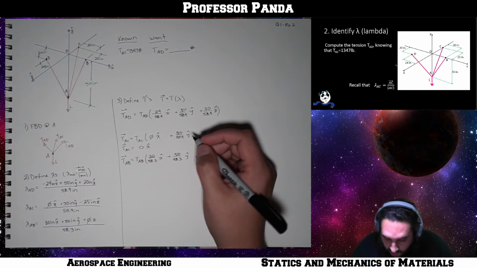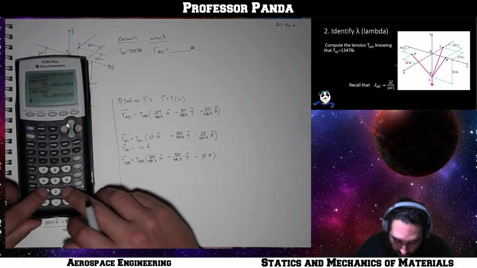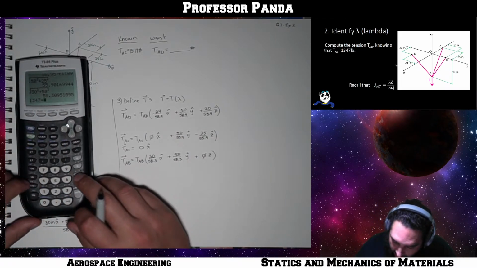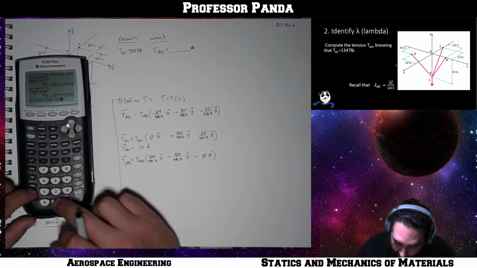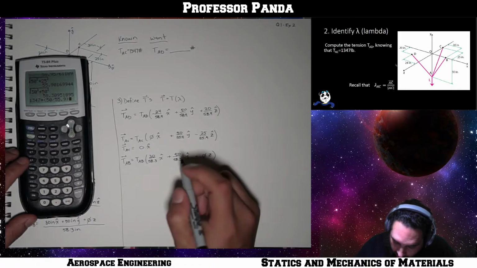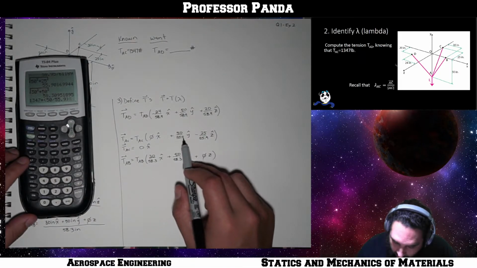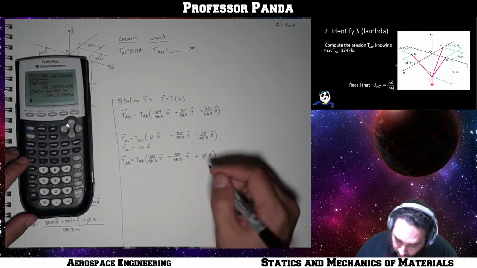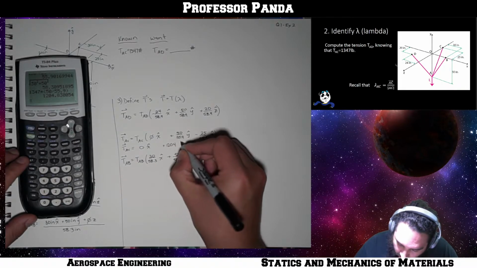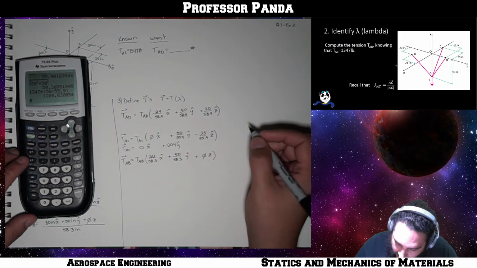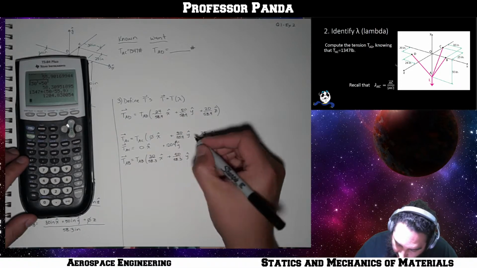And now let's do 1347 times 50 divided by 55.9, plus 1204 y hat. Units on this will still be pounds.